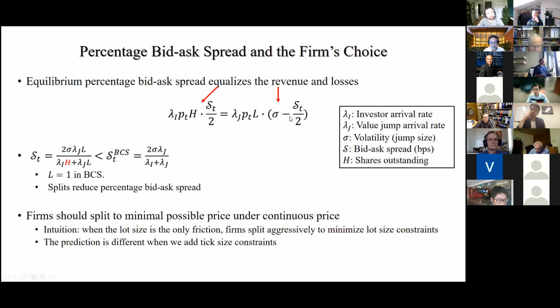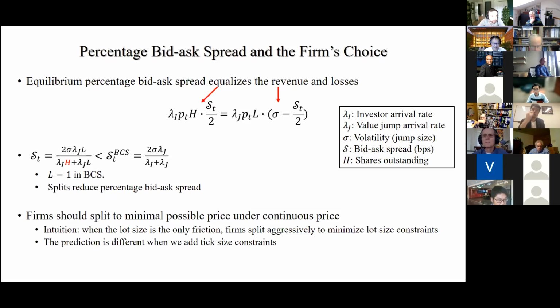The equilibrium bid-ask spread equalizes these two numbers. I present it as a percentage spread because it's more convenient. Later, I will show the bid-ask spread. If you compare this with BCS, the only difference is this H. The split reduces the percentage bid-ask spread.